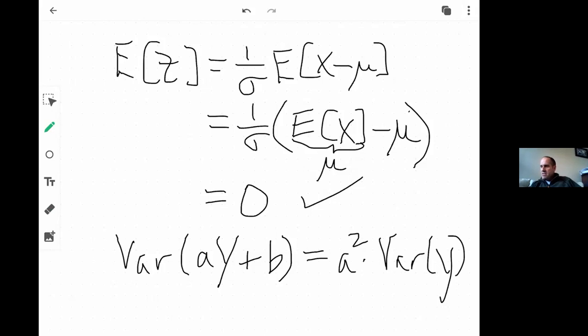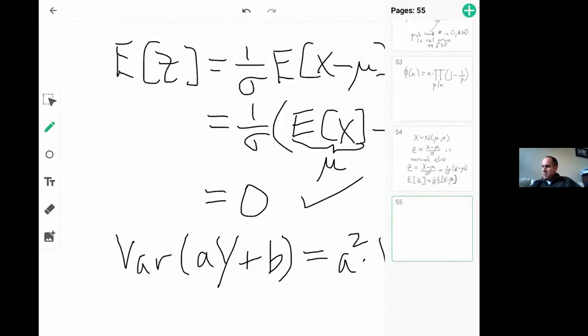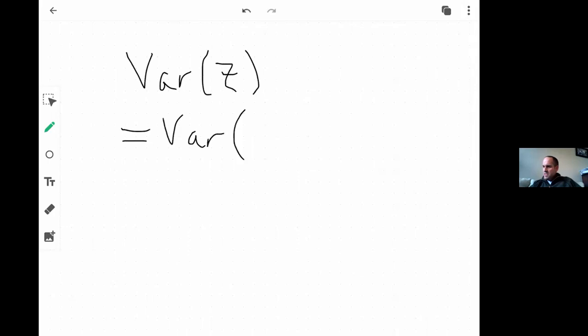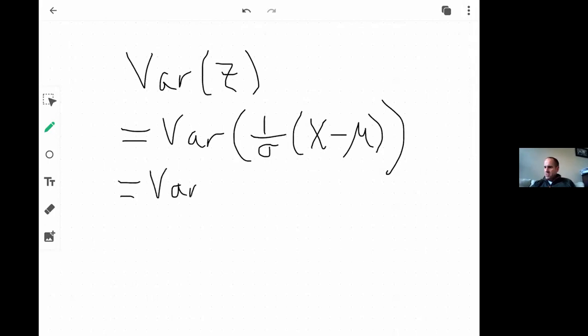So what about the variance of Z? Okay, the variance of Z. Well, once again, this is the variance of 1 over sigma times X minus mu, which is just the variance of 1 over sigma times X, minus mu over sigma.